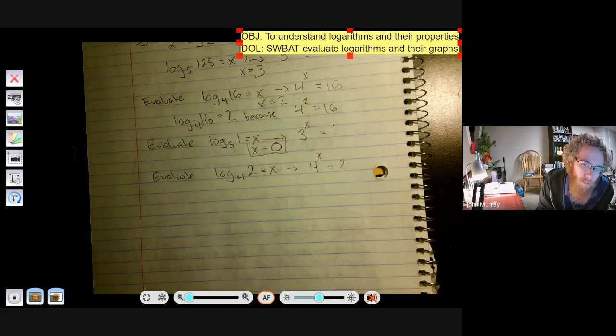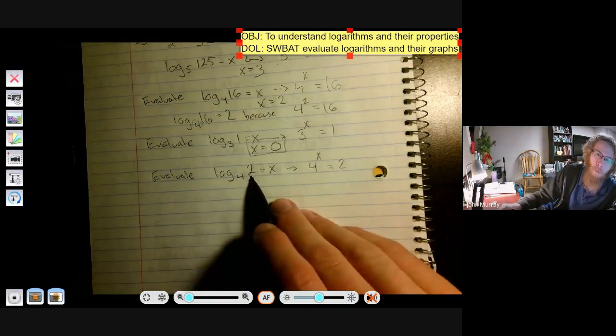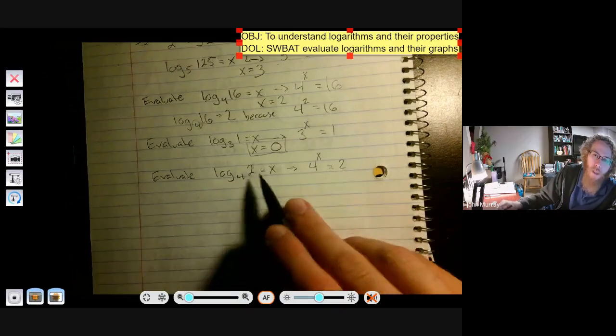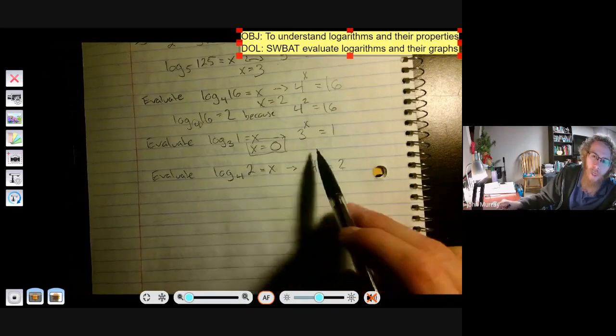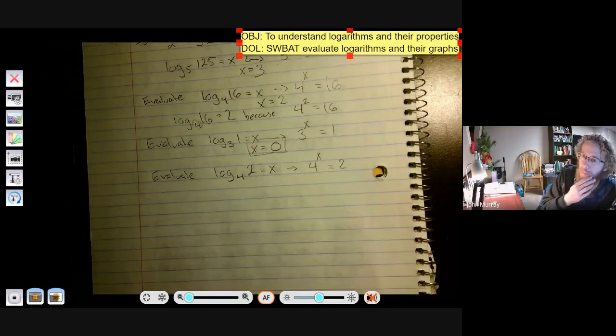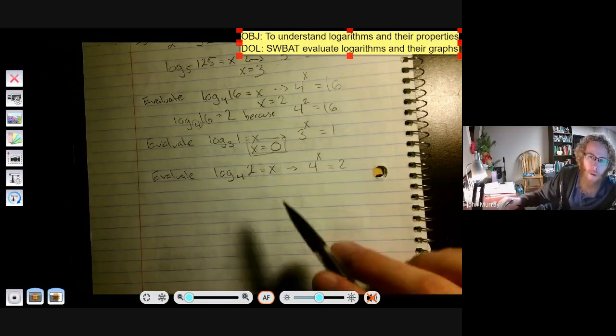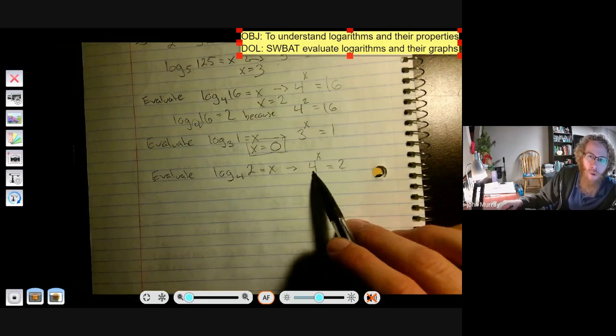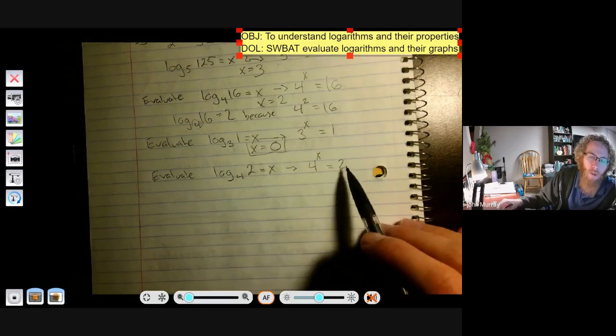Our answer isn't a fraction. If our input here was a fraction, to get a fraction from an exponent, we'd have to be negative. So it's not going to be negative, not yet. But what can I do to 4 to get to 2?